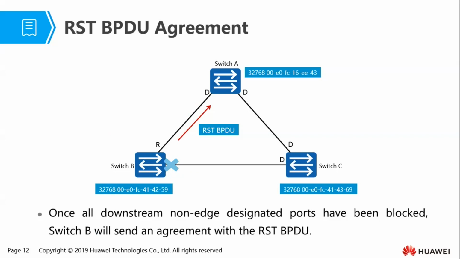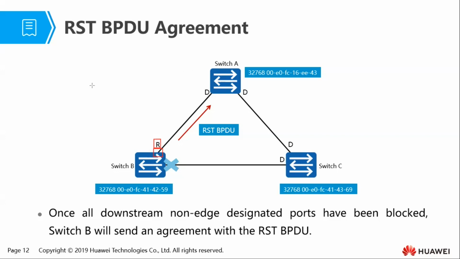And at this point, other than setting the agreement bit to 1, we also identify a port role, because that particular port we are going to set to the port role of the root. Because if this guy is superior to me, then this is the link that is closest to this guy. So I'm going to set that port role to the root.